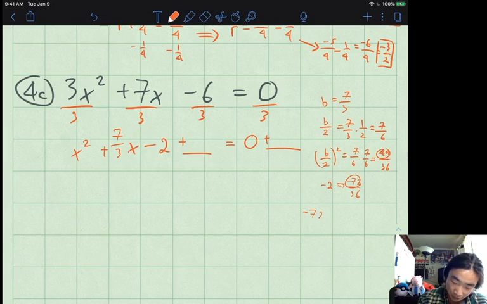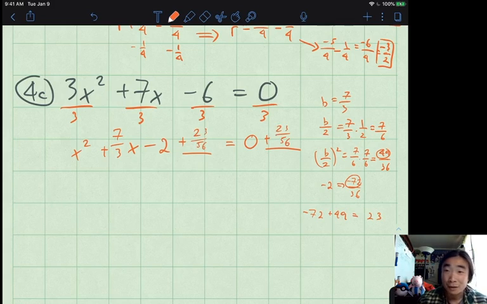So then I have to figure out the difference. That's 23 over 36? How's that? Yeah, it's much worse, right? We'll try it at least. It doesn't seem right though. I'm staring at it.